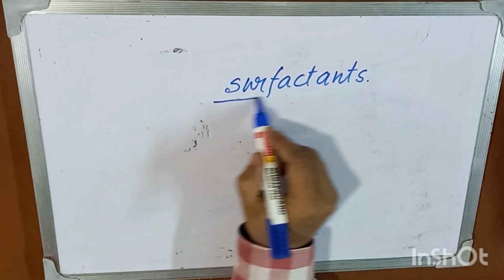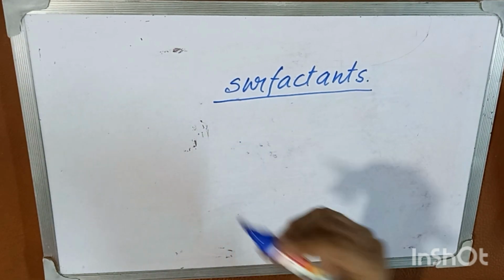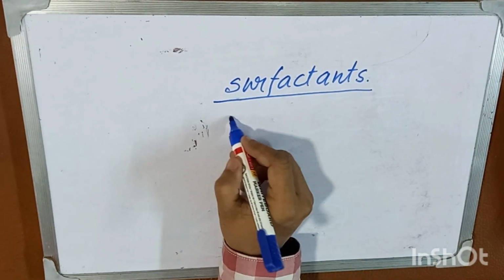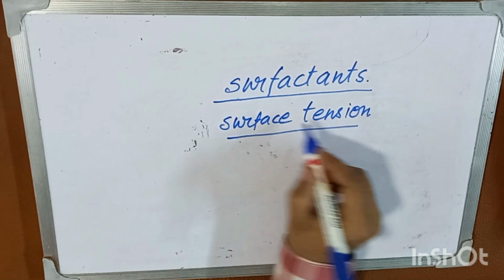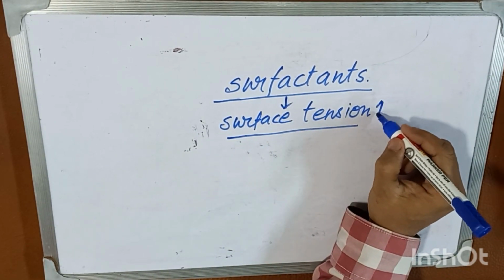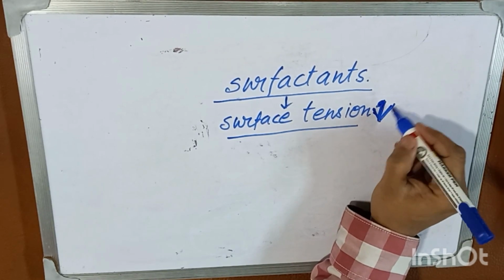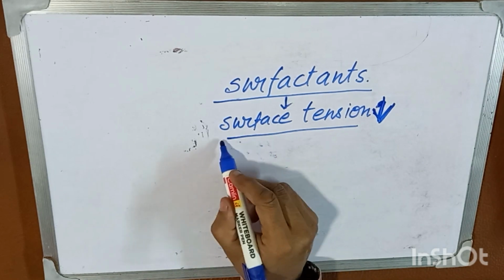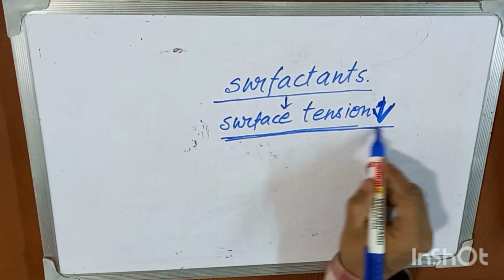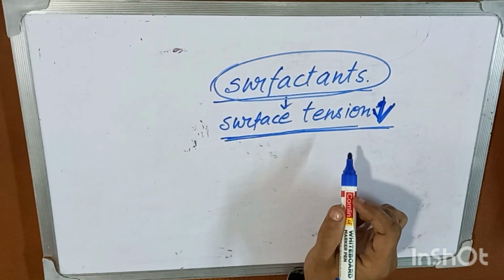Now what is surfactant? Surfactant is something which decreases surface tension. Surfactant molecules actually decrease surface tension. Why do these molecules decrease surface tension? It's just like soap.